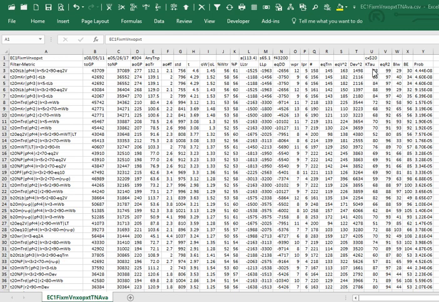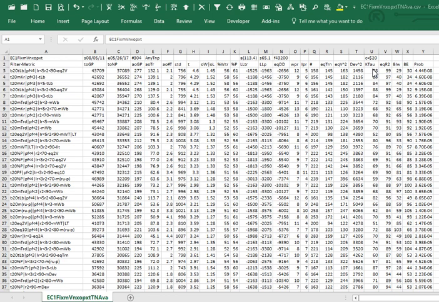K tau is a measure like the coefficient of correlation, except that it doesn't use any values. It's independent of the values. What it does is it sees how smooth the curve is.